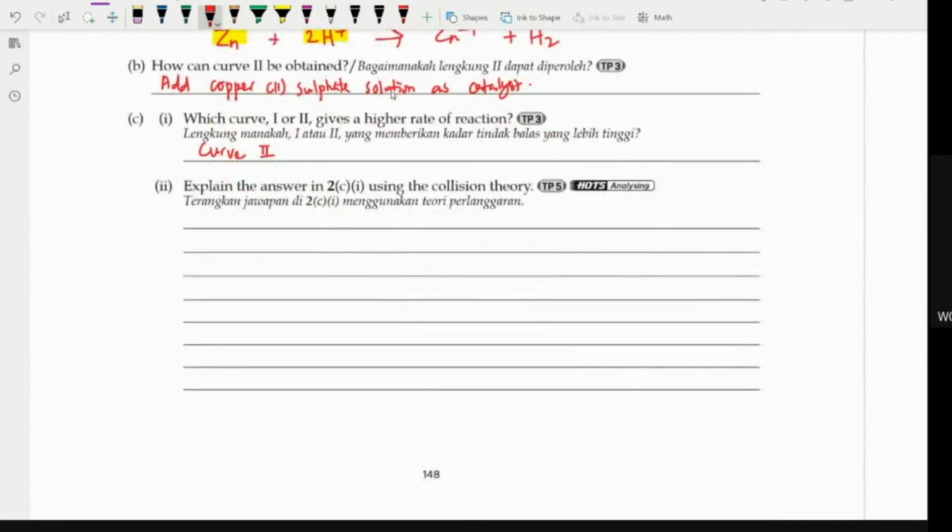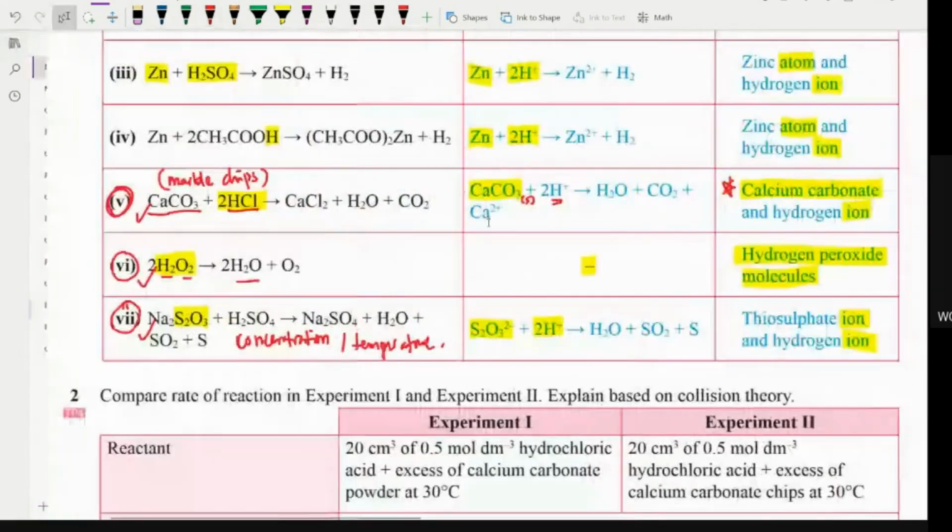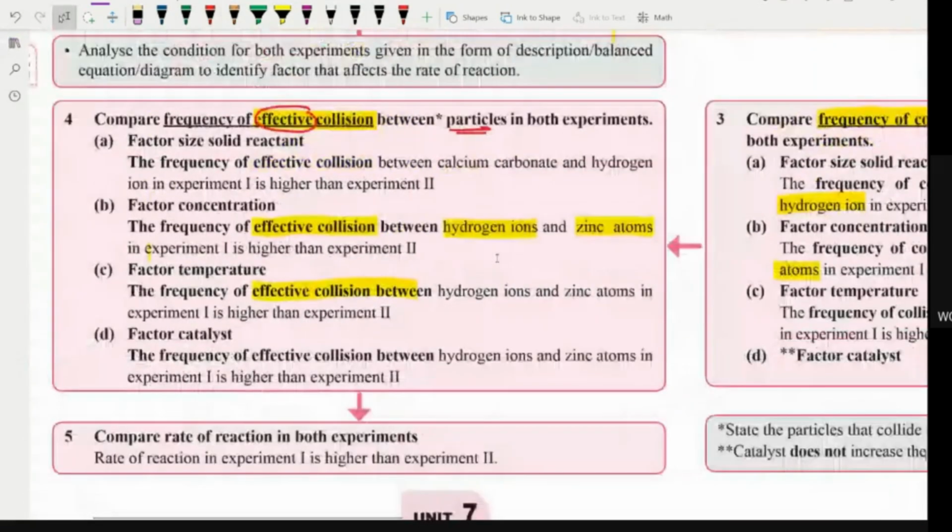Okay, so we try one more time. You can refer to the one we discussed just now, it is almost the same, exactly the same.